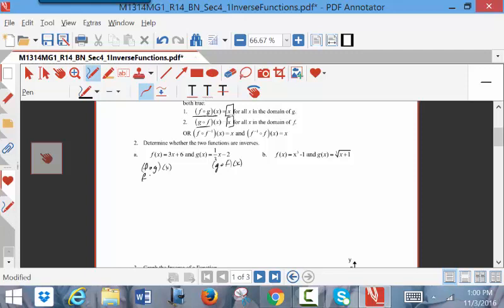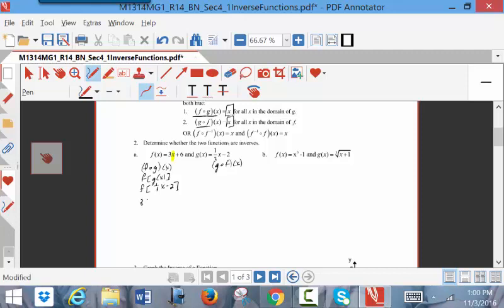This would be f of g of x, which means in my square brackets, this would need to be 1/3 x minus 2. So this is f of 1/3 x minus 2. This means I need to go to my f function, and in place of the x, I put all that stuff that's in those square brackets.